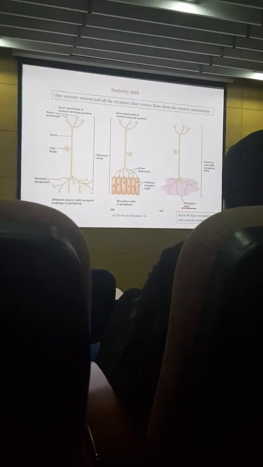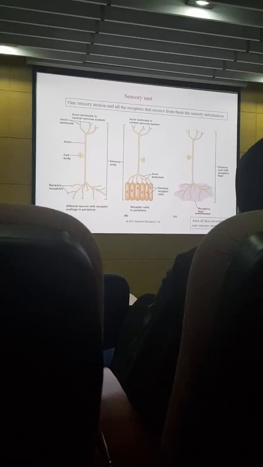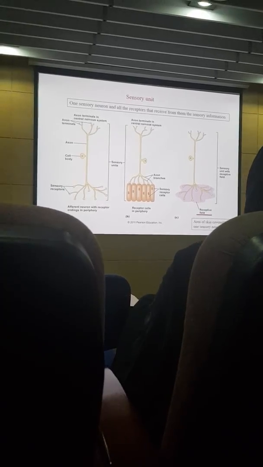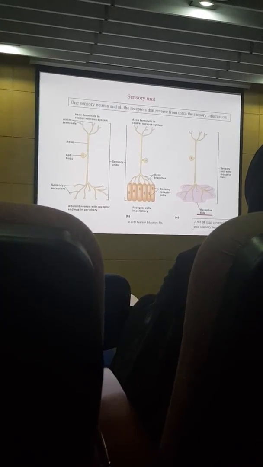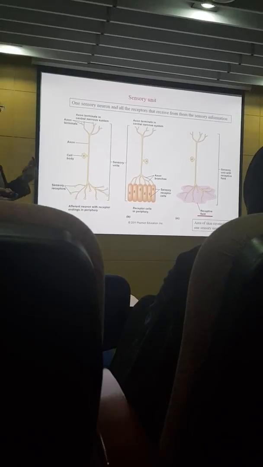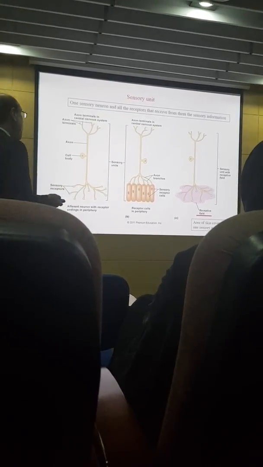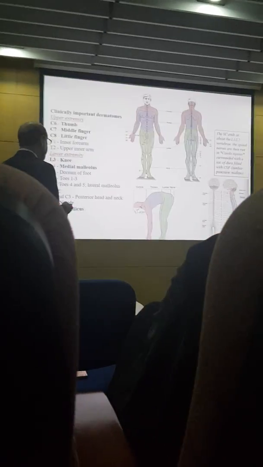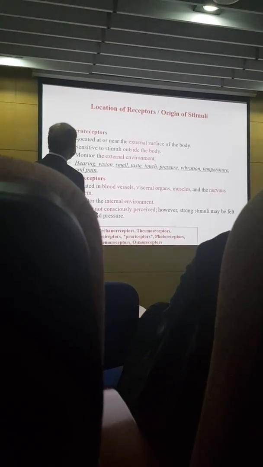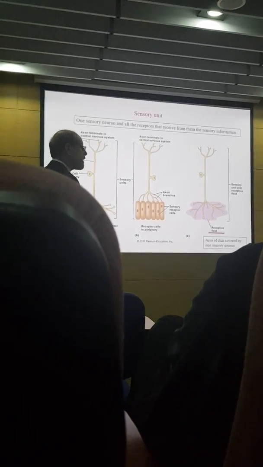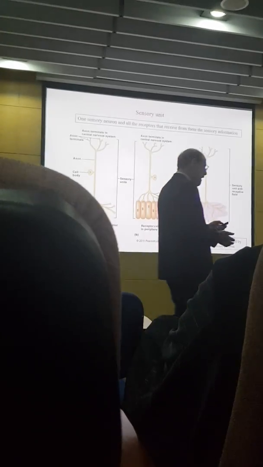Now, you took the motor unit, didn't you? You took the motor unit and we said the motor unit is the motor nerve plus the muscle fibers. The motor unit is the motor neuron with the muscle fibers supplied by that neuron. Okay. Now the same thing applies to the sensory unit. What does sensory unit mean?